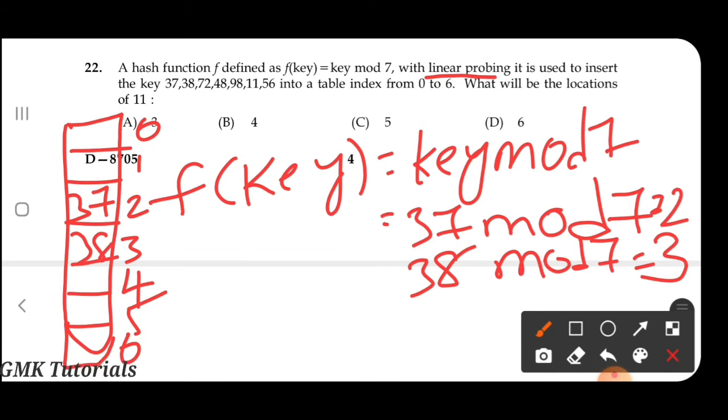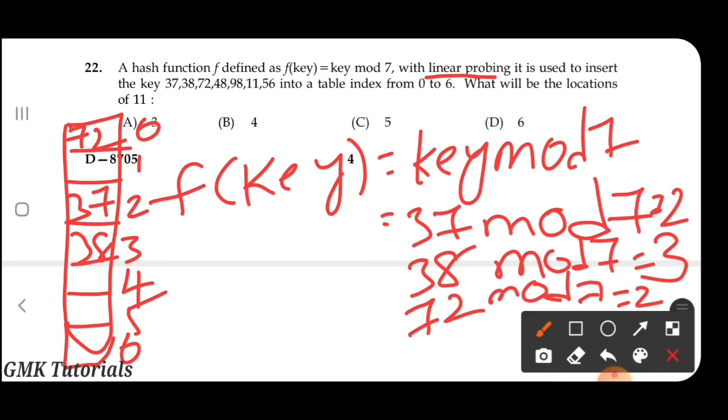After that 72. 72 mod 7 gives the second location, where the 37 element is already there, so we use linear probing. We store it at the first free location, the 0th location, so here 72.